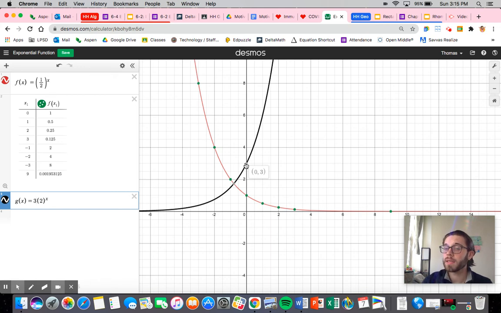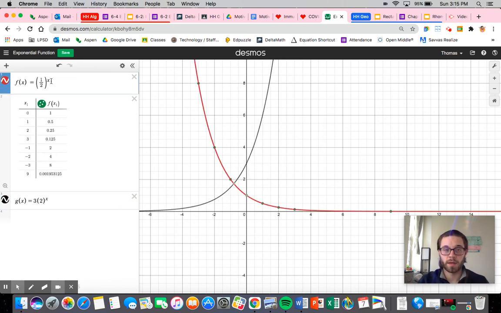Everything else has stayed the same pretty much. Some of the values obviously have increased more significantly. The rate of change is still not constant. I still have a horizontal asymptote that it's still never 0, but my y-intercept has changed, right?